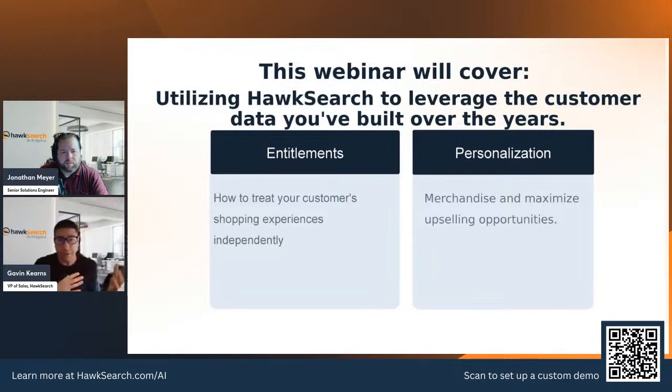The B2B space, especially distribution, is really starting to utilize this sort of data in targeting their top tier customers, the way that they're marketing. It might be geographical if they have multiple locations. We have all sorts of capability just from the customer data, not even the catalog data, to start really driving conversions and increasing your e-commerce business. So that's what we're going to cover today.